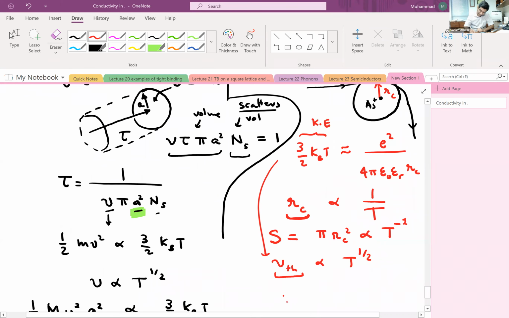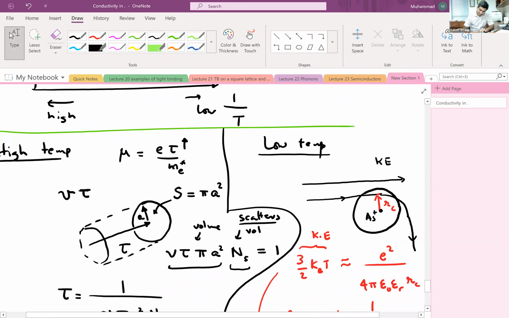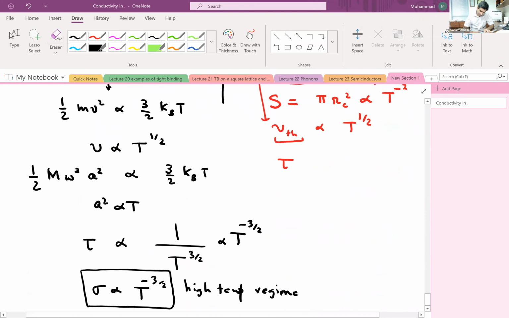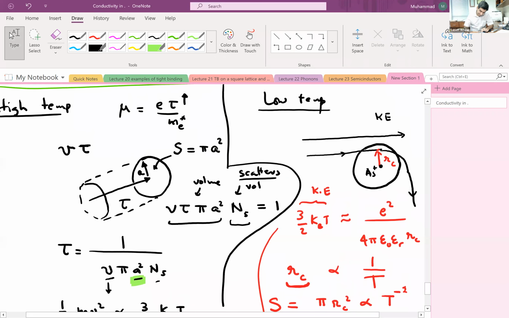So I put everything together in my formula for tau, which is given here. Now what I'm doing, instead of pi a squared, I'm looking at RC. And instead of NS, I have the impurity concentration. So I'm just changing how I'm calculating the scattering cross section.